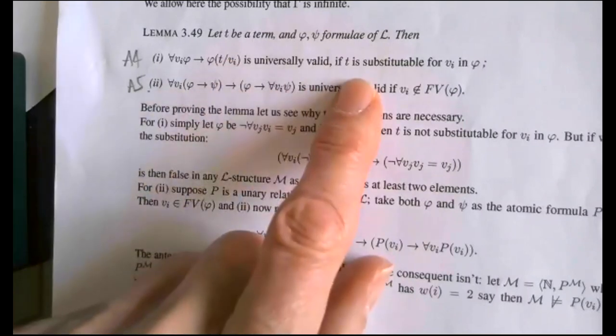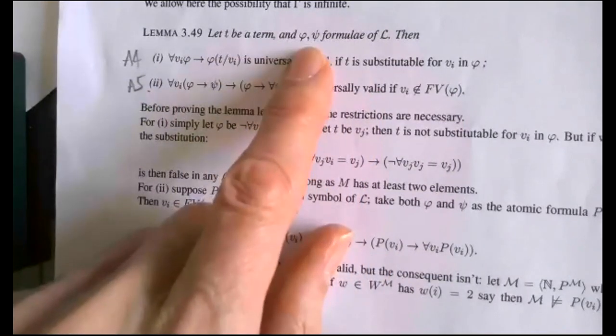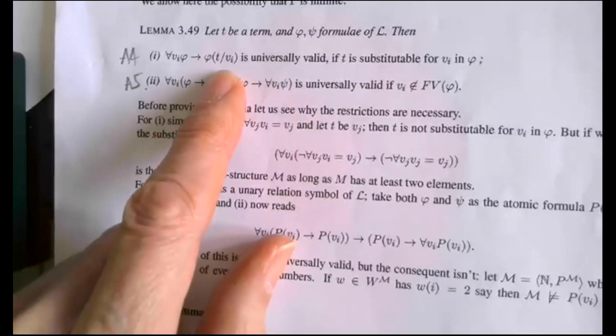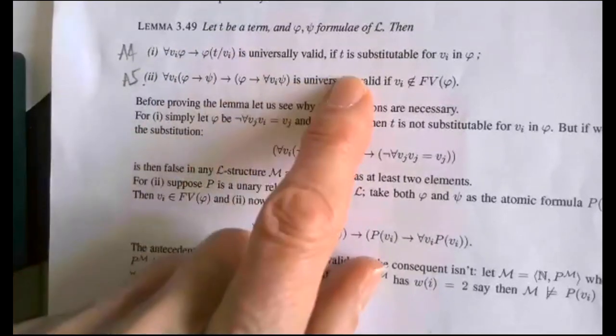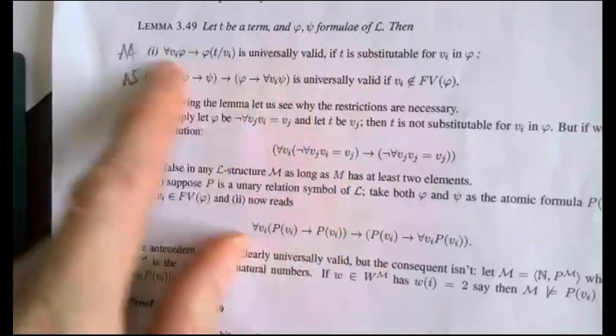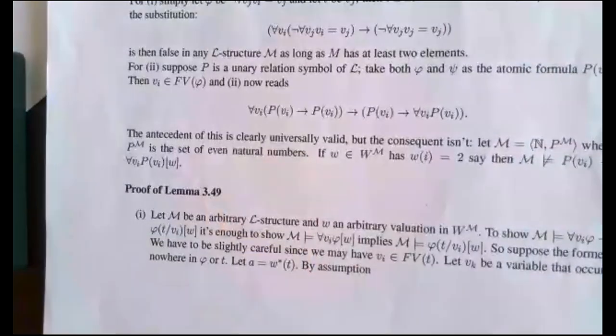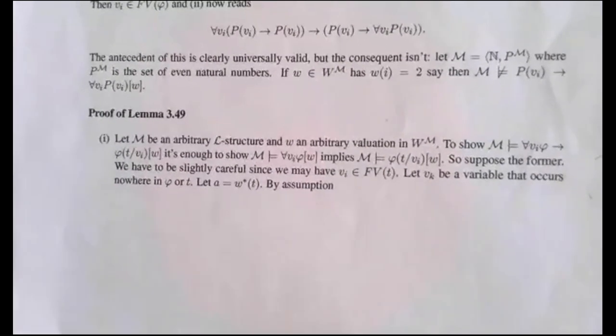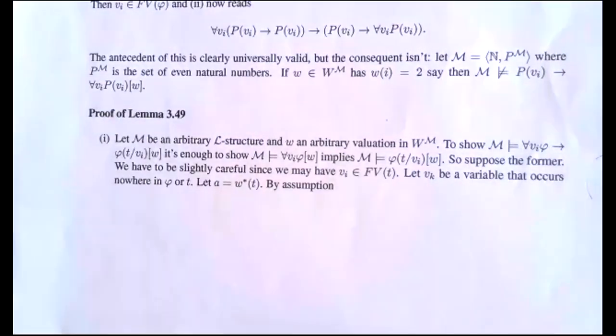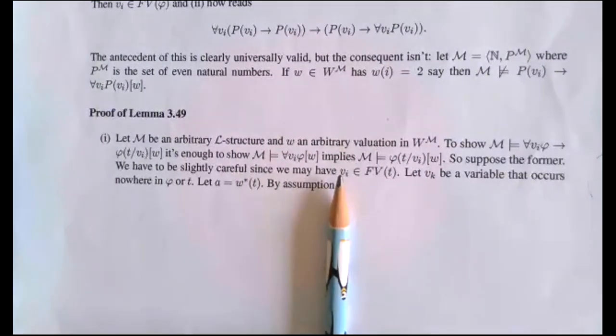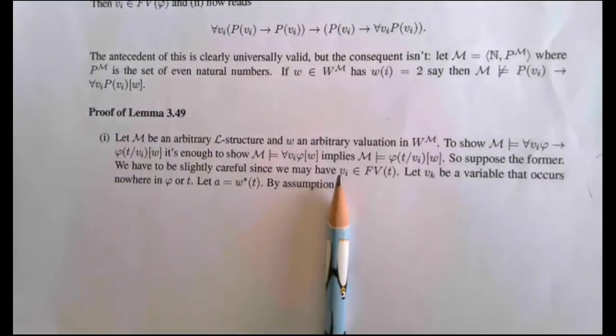So we'll assume we've got a term and a formula, which will have other free variables, and so may the term. And we want to check that this will always come out true. So you have to just work with the definition. We take an arbitrary structure and an arbitrary valuation here.